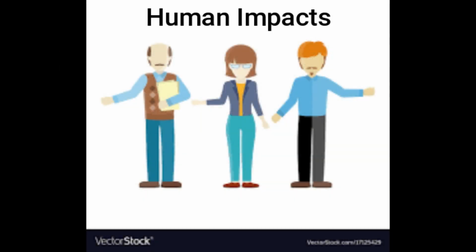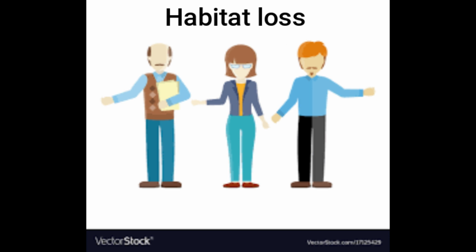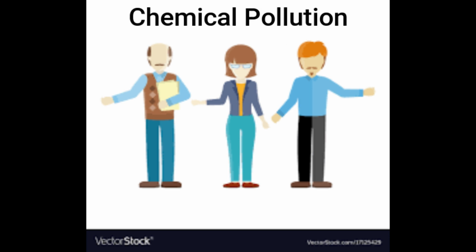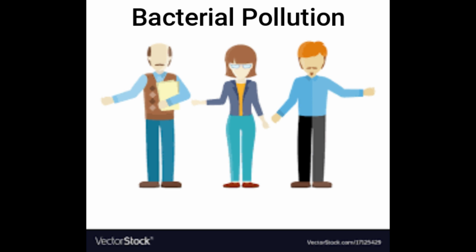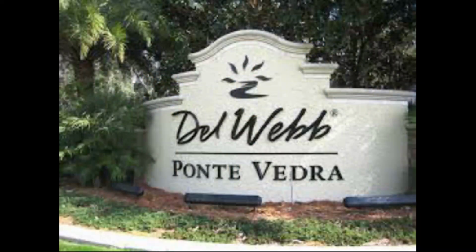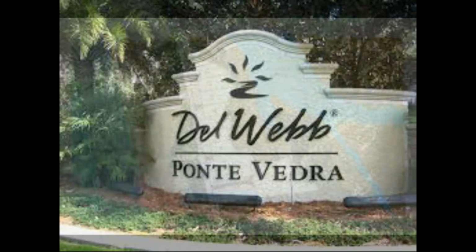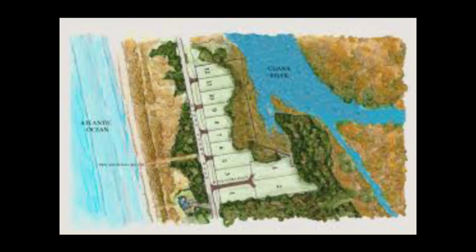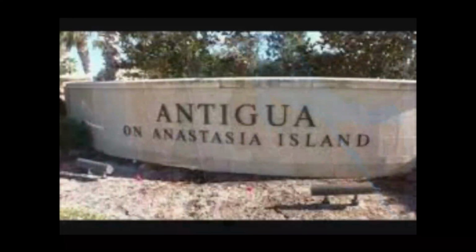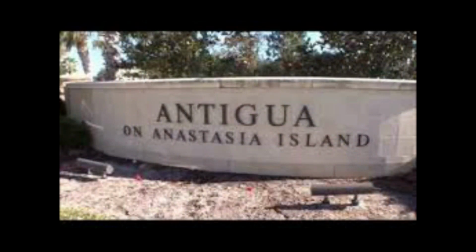Coastal systems are threatened by human activity. The most critical threats are habitat loss, chemical pollution, and bacterial pollution, with habitat loss being the greatest. The barrier islands and maritime forests in particular have already been extensively developed and have been one of the most desirable areas to live.